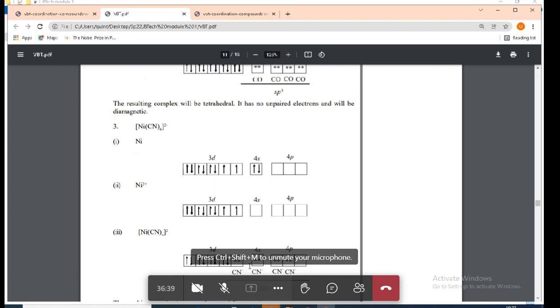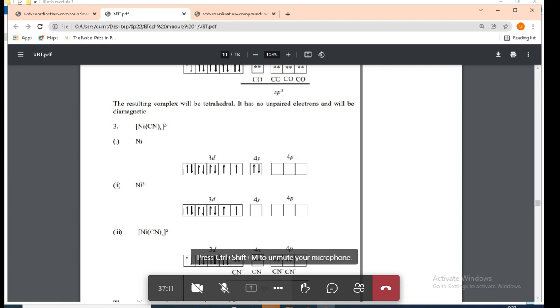As cyanide, a strong ligand, approaches the nickel in +2 oxidation state, it causes the electrons to pair up and thereby makes available an orbital for dsp2 hybridization. So dsp2 hybridization takes place, and the shape that we get for dsp2 is square planar.